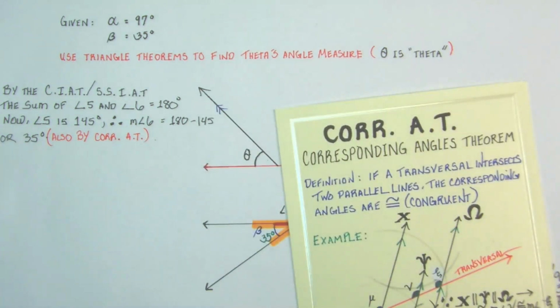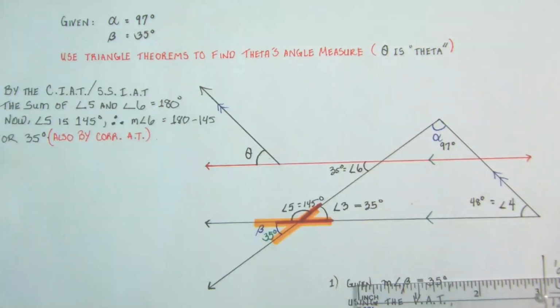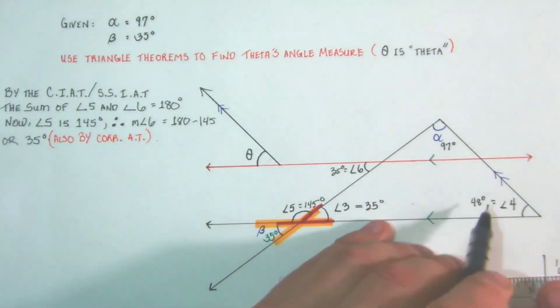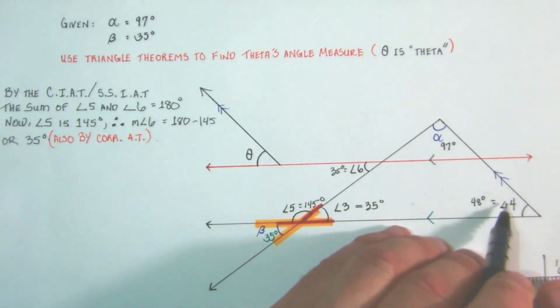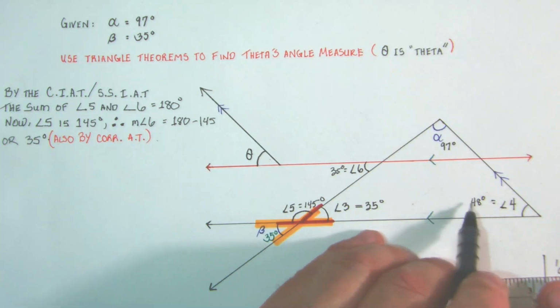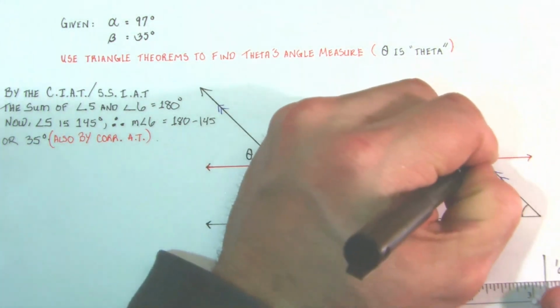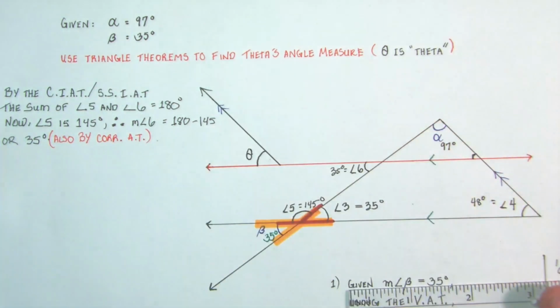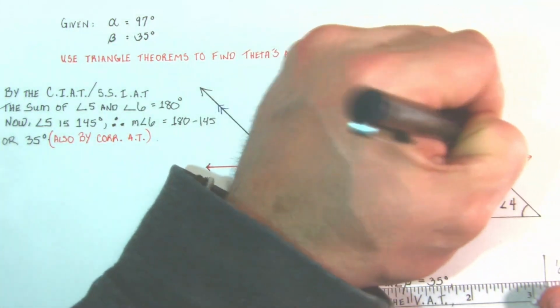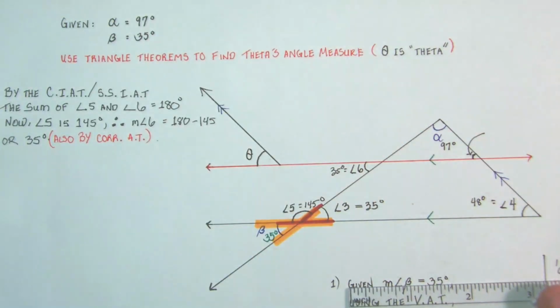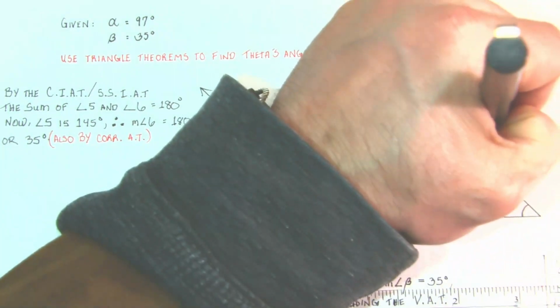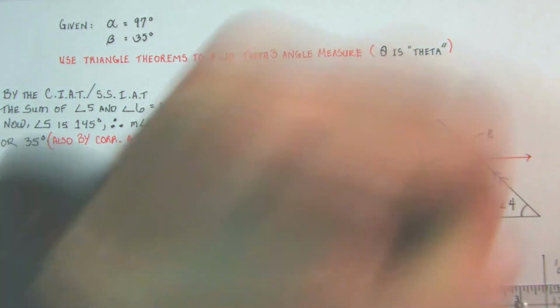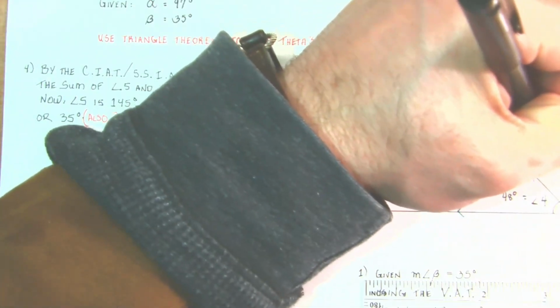So the corresponding angle theorem tells us that corresponding angles, where there are transversals and parallel lines, are congruent. So I actually have corresponding angles here. The measure of angle 4 is 48 degrees, and so is this angle right here, which we're going to say is lowercase epsilon, okay? So equals 48 degrees.